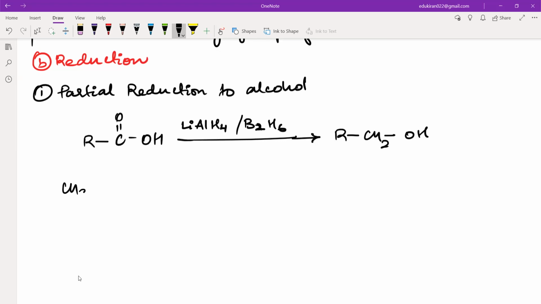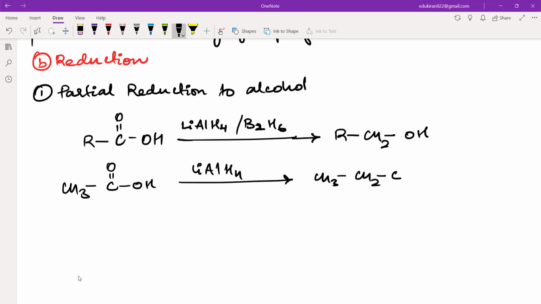You can write some examples. CH3COOH in the presence of LiAlH4 is going to give you CH3CH2OH. Another example you can write is propanoic acid or any type of acid.